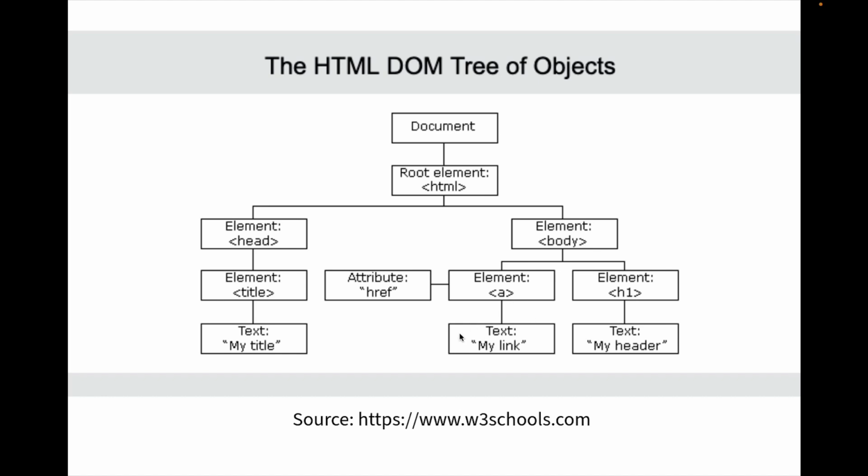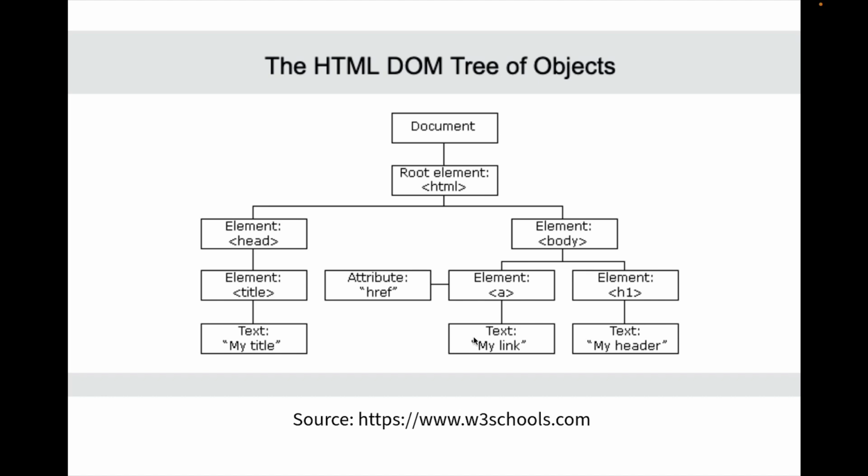The last element is called a leaf element, because just look at a tree. A tree has a root, the trunk or the body, and branches. After the branches, you get to the leaf. So the leaf is the last section of every tree.